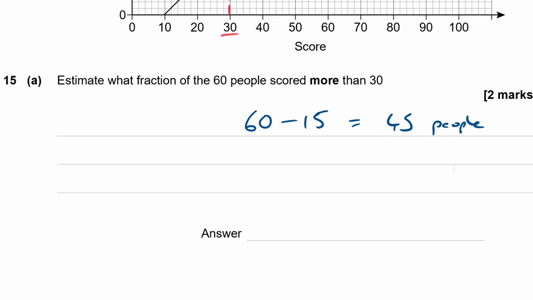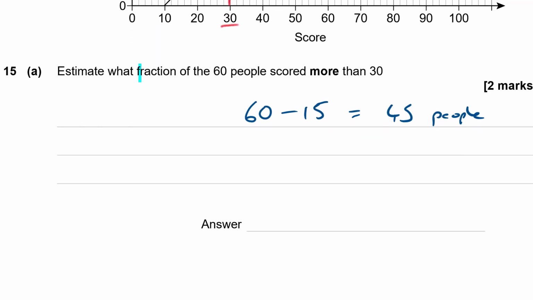So writing that as a fraction, for some bizarre reason this is asking for a fraction, so 45 sixtieths of the people, which I suppose we can cancel down to 3/4 of the people scored more than 30 marks.